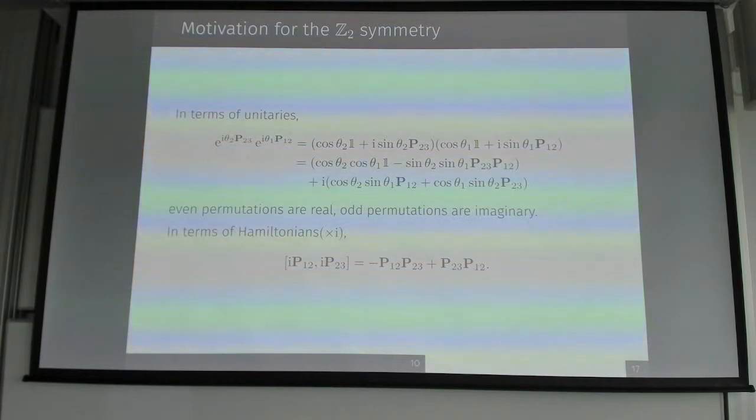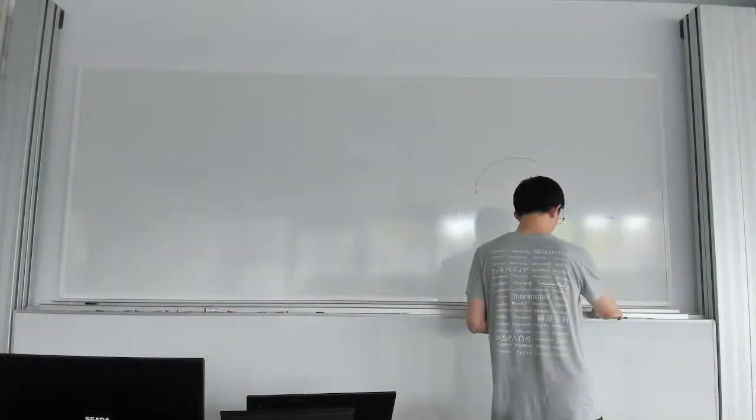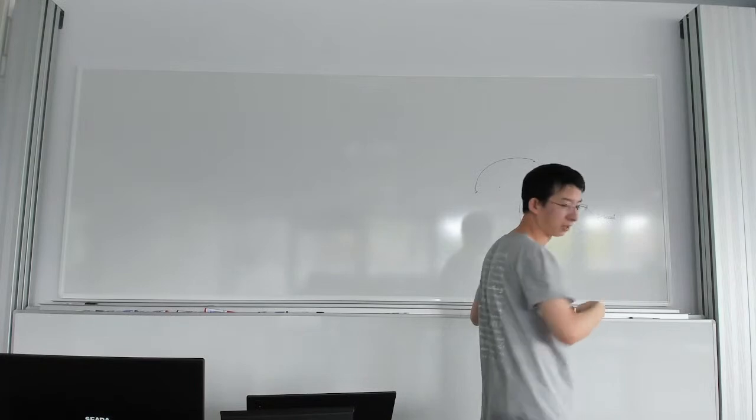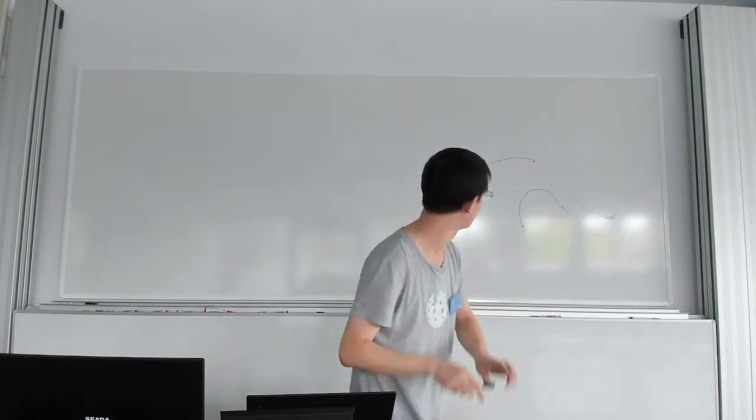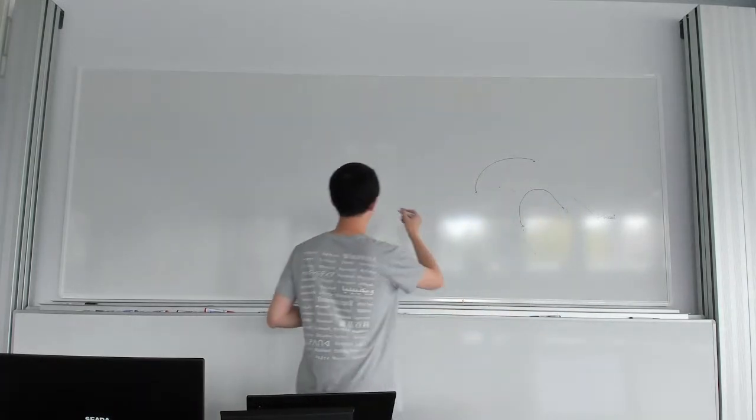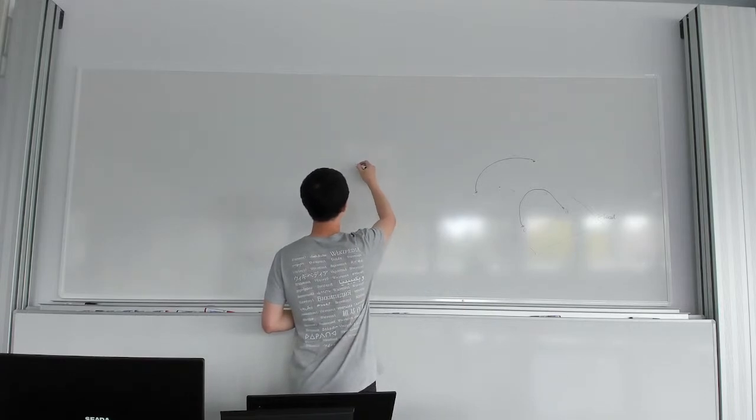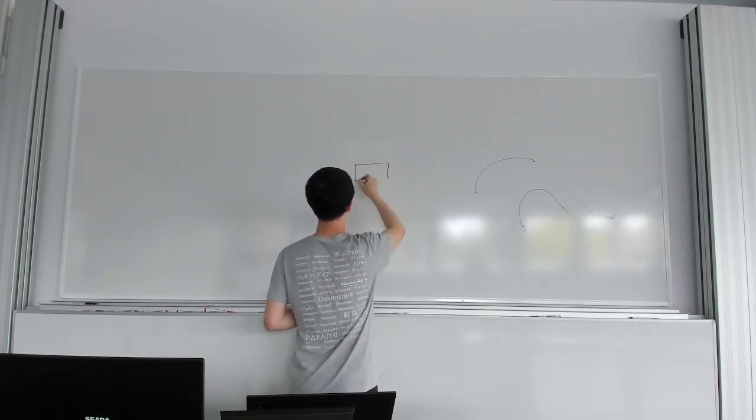So if you know a little bit about the representation theory of the symmetric group, these actually have constraints. Let me just draw two simple Young diagrams.